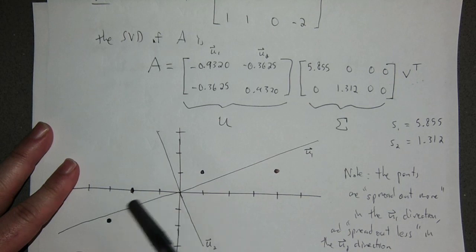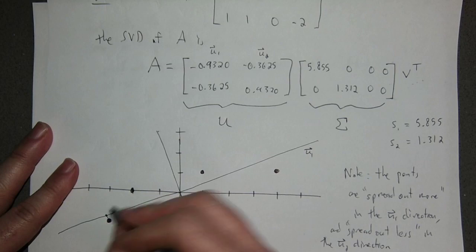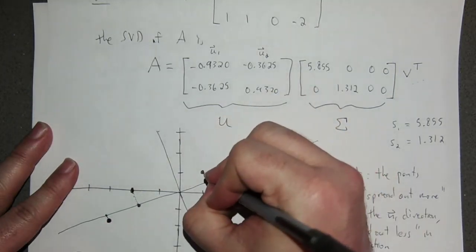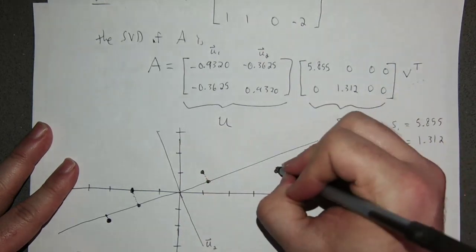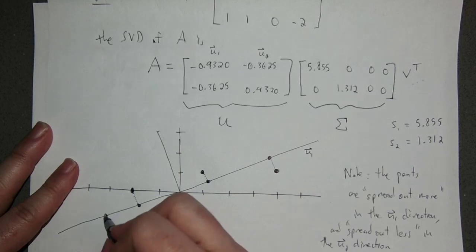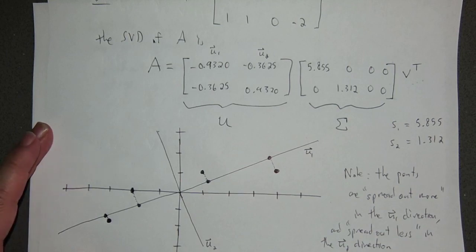So it would be a point here, here, here, and here. So if I project these down, and this one and this one, you wouldn't call these points close together in any way. You'd say they're spread pretty far out, right?